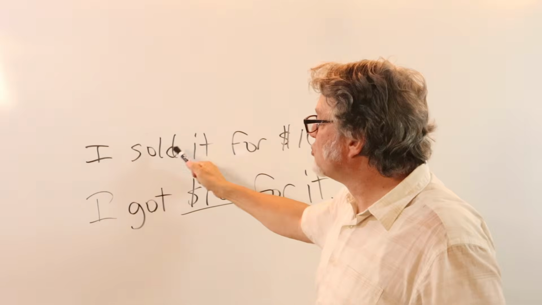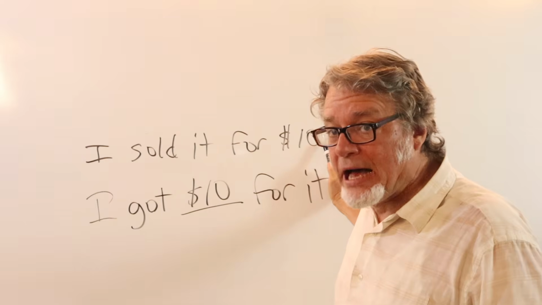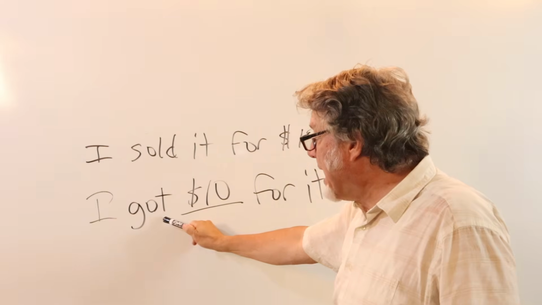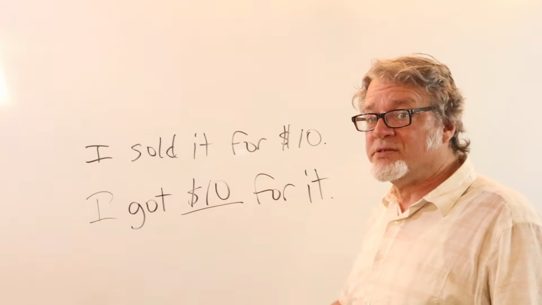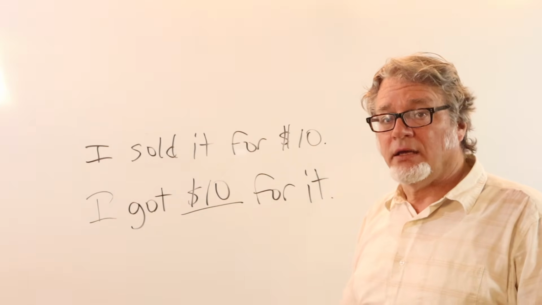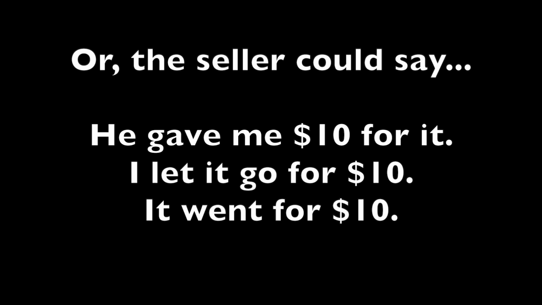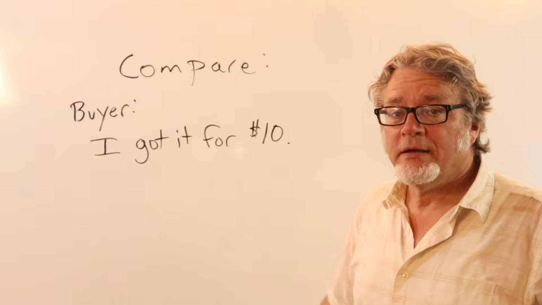I sold it for $10, or I got $10 for it. These two sentences have the same meaning. Or the seller could say, he gave me $10 for it. I let it go for $10. It went for $10.